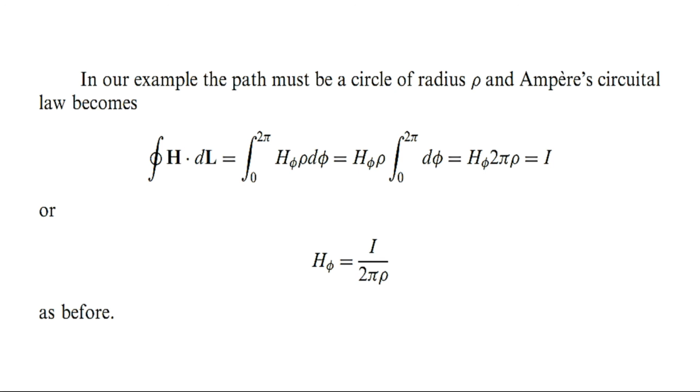So we got the same answer as before, because in that case, by using the Biot-Savart law, it was a complex integration, and the final result was H equal to I divided by 2 pi rho a_phi, and we got the same answer in just a single step by applying Ampere's circuital law and by considering the symmetry. So by considering the symmetry and just a single integration, we got the desired answer at the desired point.